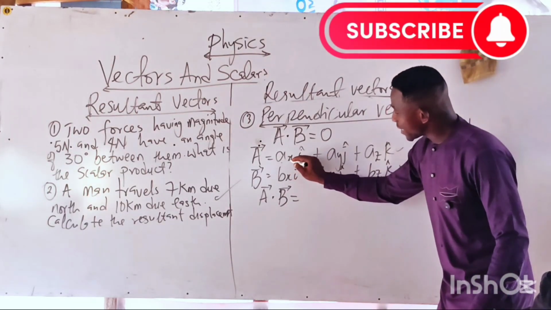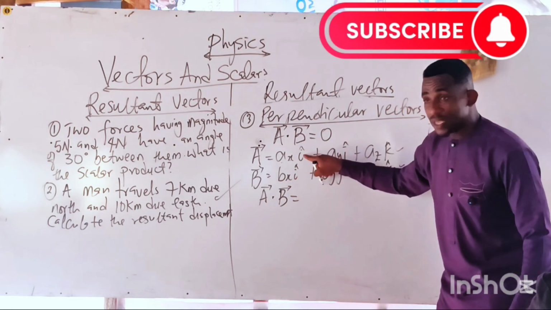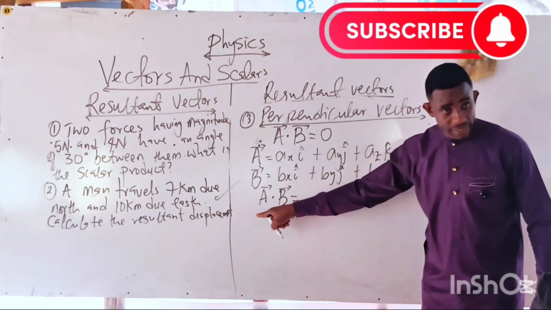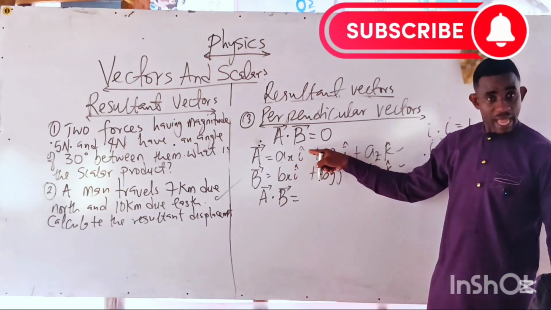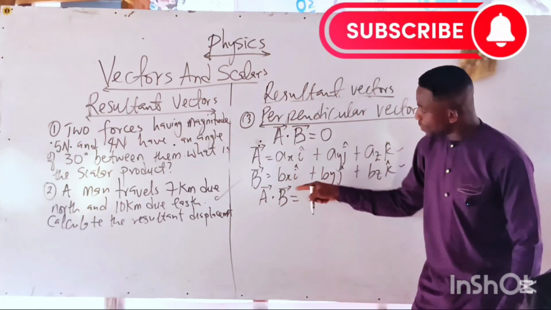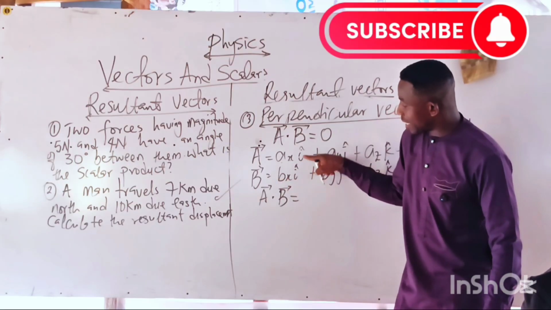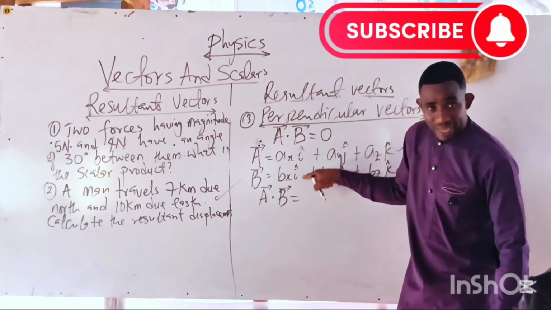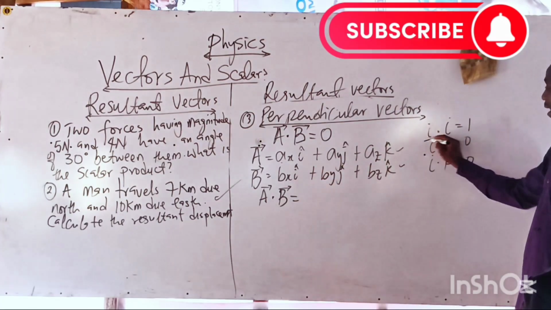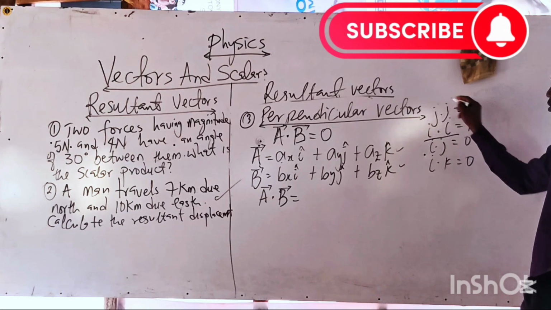If AXi multiplies BXi, you'll be seeing i dot i, because this is dot. This is A. A is AXi. This is B. B is BXi. So if you now say AXi dot BXi, you will see a common term, i dot i. So what is i dot i? What is j dot j? k dot k is what?